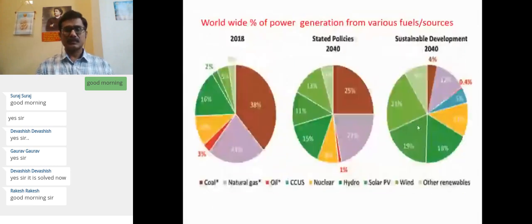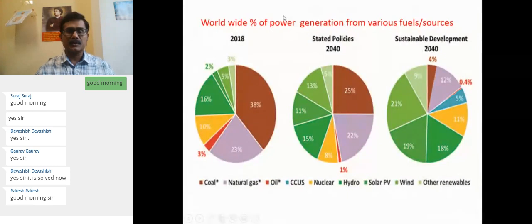Whereas this particular slide shows the worldwide percentage of power generation. Okay, so that is the electrical energy that is produced, or the contribution made by the different fossil fuels or the different sources which are available to mankind.